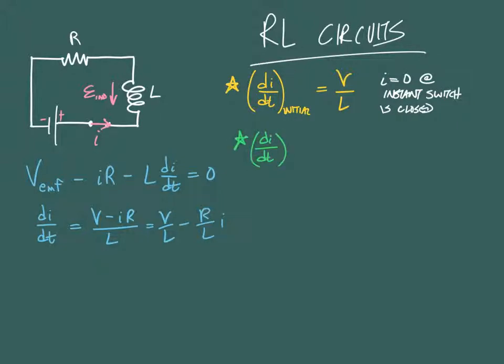The di dt final is going to be 0 after it builds up, and that's going to have to equal the V per L minus R per Li. Okay?